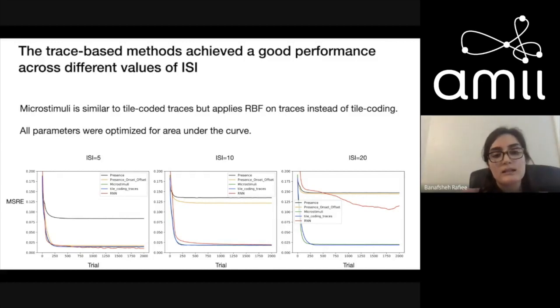And the other one is microstimuli, which is similar to tile coding traces, but instead of tile coding, it uses radial basis functions on the traces. And all parameters were optimized for area under the curve. Again, we see the trace-based methods, which is the tile coding traces one and the microstimuli, achieve a good performance across different values of ISI.